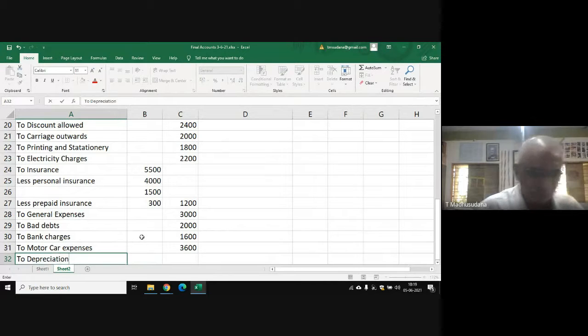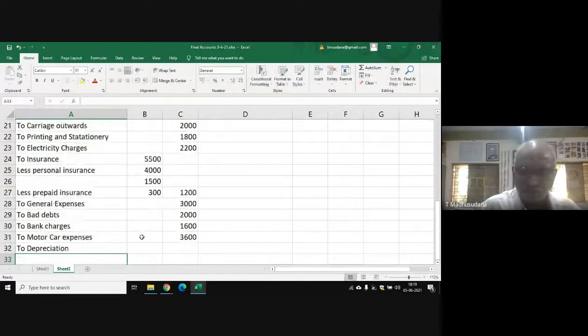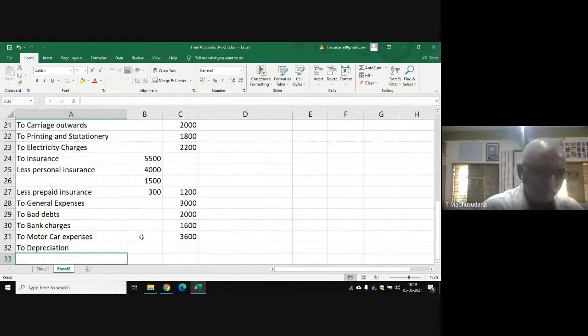So there are several items on which depreciation is to be calculated. On buildings, 5% depreciation is to be calculated. As far as the buildings are concerned, there is a lot more adjustment to be made.